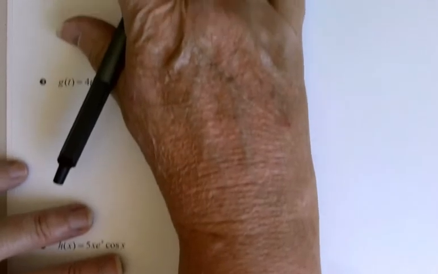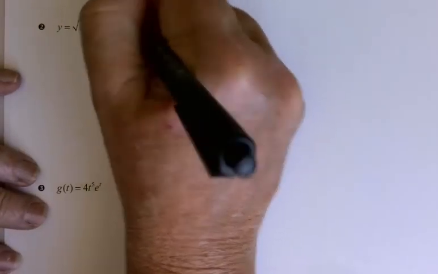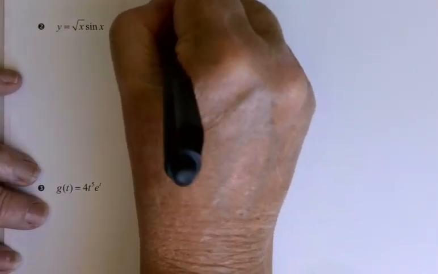So if we look at example 2, we definitely have the product. The square root of x is multiplying the sine x. But there's nothing I can do to simplify that and make it not a product anymore. So this is one where I really have to use the product rule. Let's begin by just reminding ourselves that the square root of x, we really want to think of that as x to the 1/2 power. And then we've got times the sine of x.